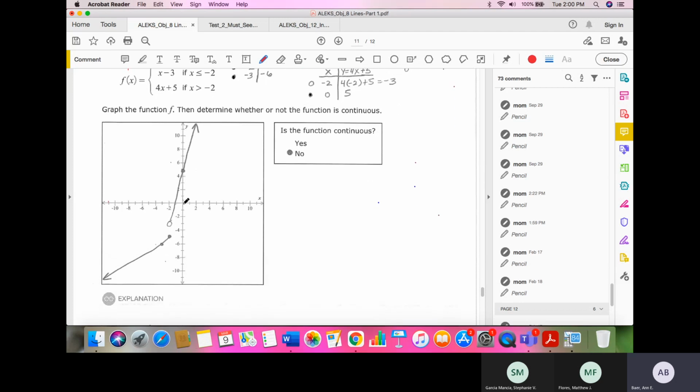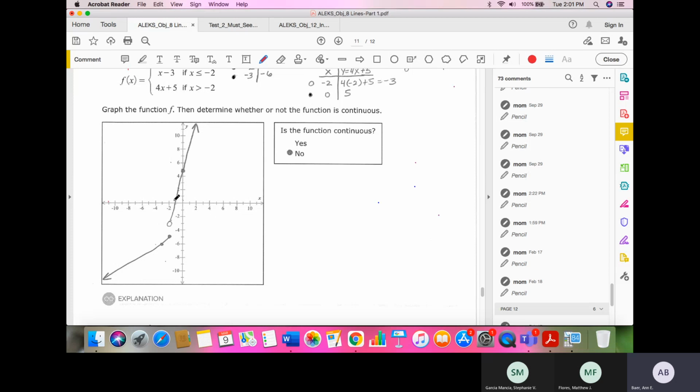So we start at the origin, negative 2, and then negative 3 is right down here where this circle is. And then we're going to plot this point, 0, 5. Here's 0, here's 5. And that's a colored in dot, if you will.